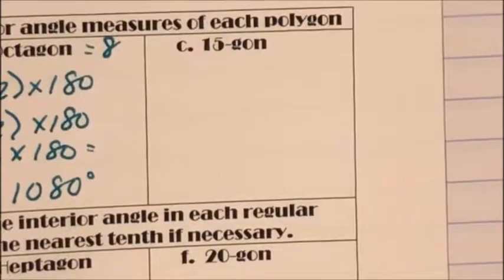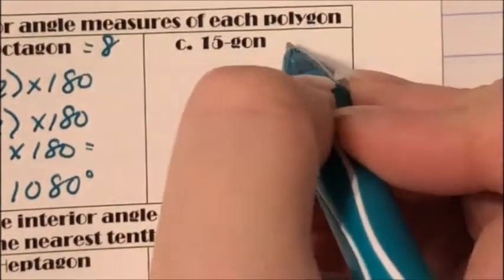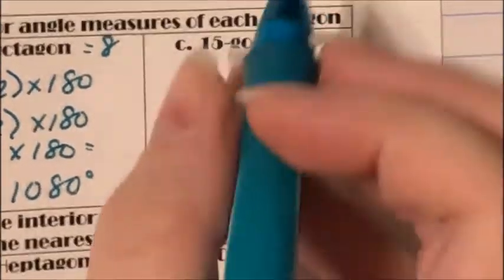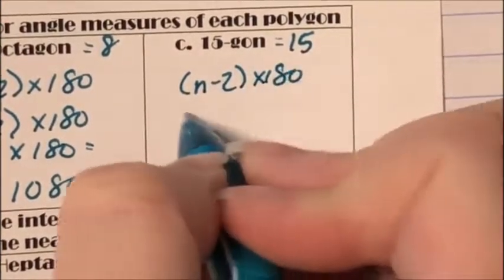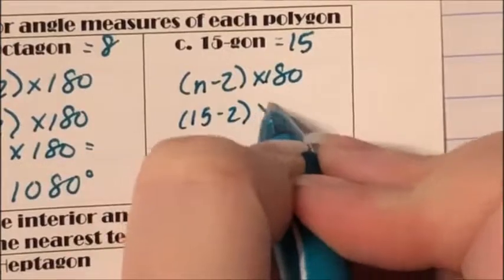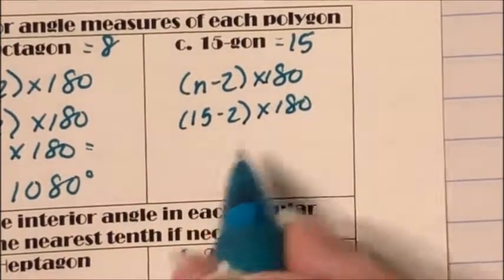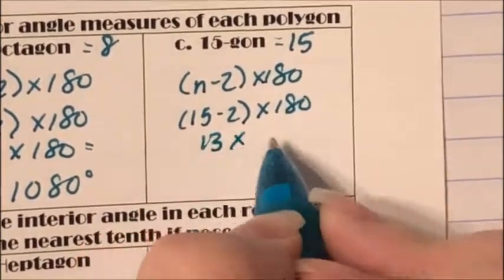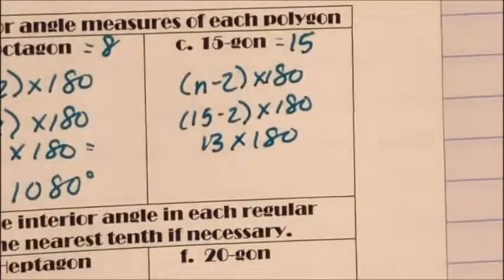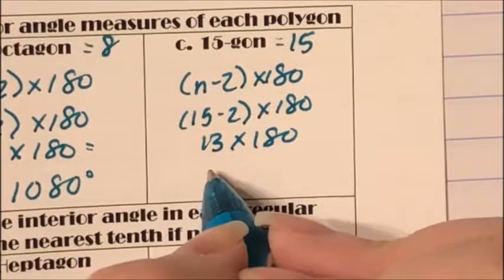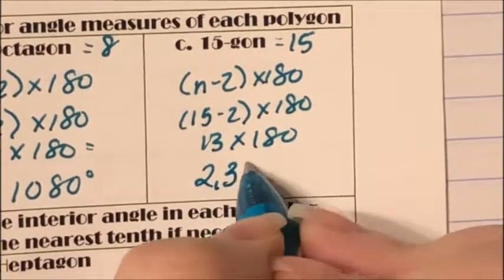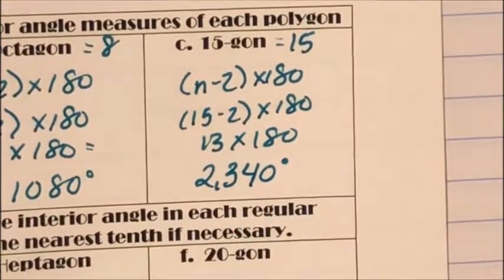Okay. Letter C is a 15-gon, so that's 15 sides. 15 minus 2 gives me 13, and 13 times 180 is 2,340 degrees.